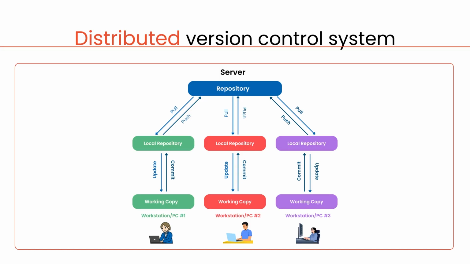Distributed version control system. In distributed version control system, all developers have the entire project with its history on their local machine. Developers can commit changes in their local repository. For this, connection with the server is not required.